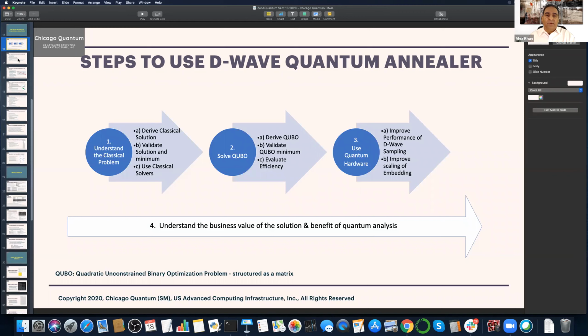Only then would you want to give that QUBO to a quantum solver or any of the other tools, the genetic or the simulated bifurcation or any of the other ones. We will go quickly through those processes, and then we'll talk about how you know if you're getting value out of this or not. All right, Jeff.